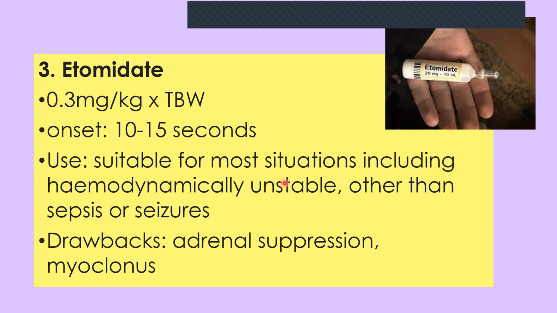I mean, not really forbidden, but it's not ideal for other kinds of shock. It's ideal for cardiogenic shock. It is also a good choice for severe head injury, because it maintains your cerebral perfusion pressure.